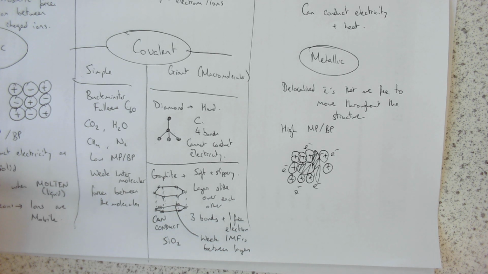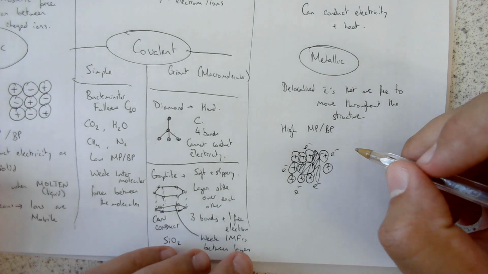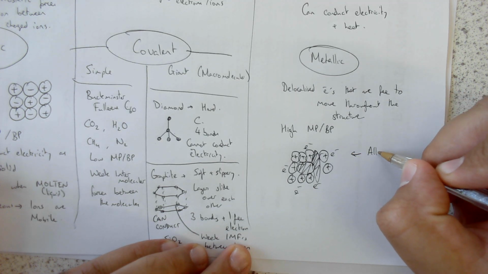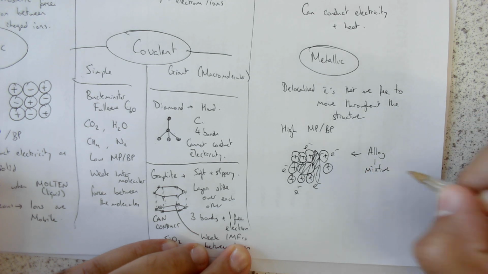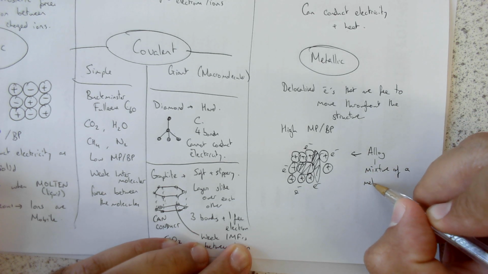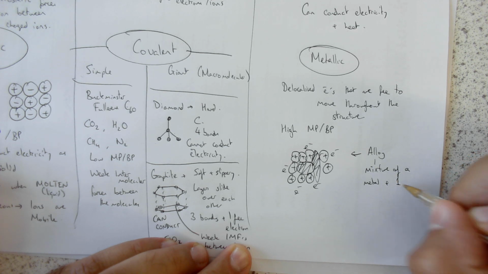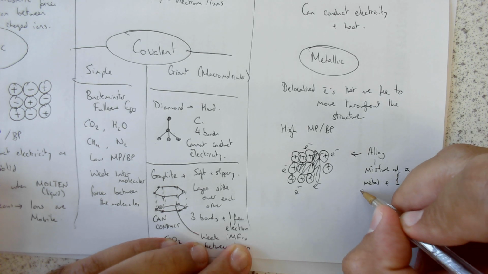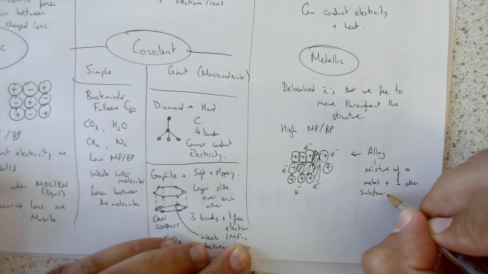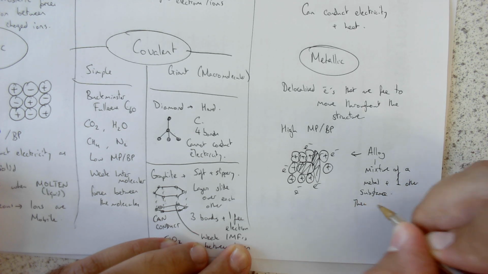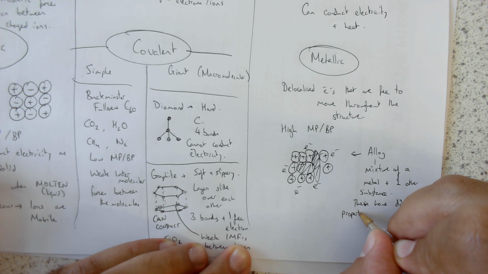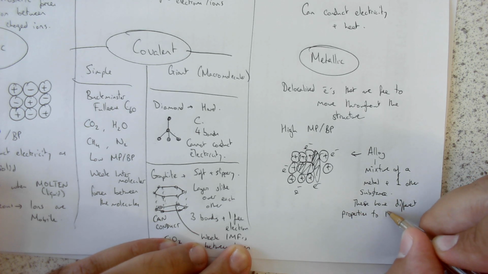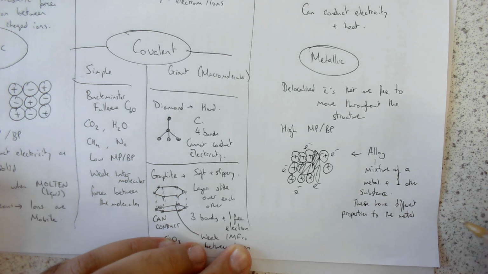Steel is an alloy of iron and carbon. An alloy is a mixture of a metal plus at least one other substance, and these have different properties to the original metal. Yeah?